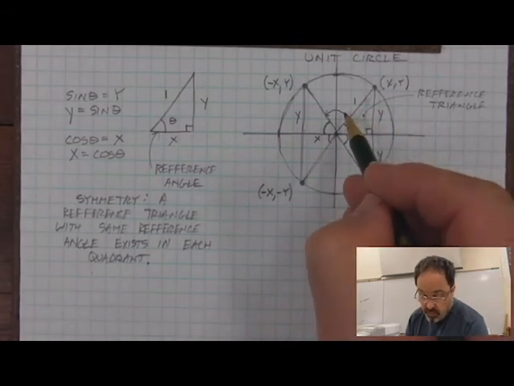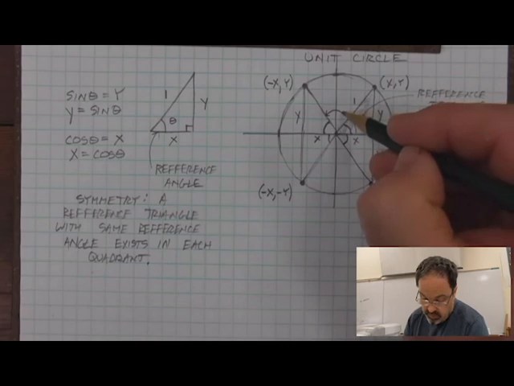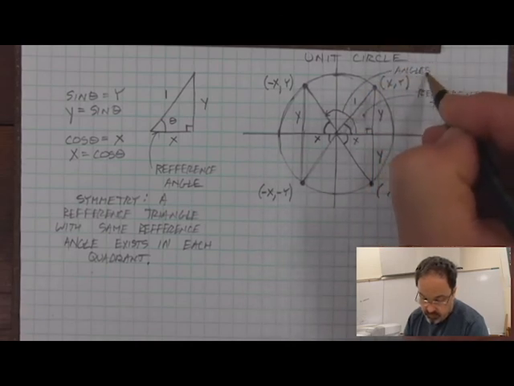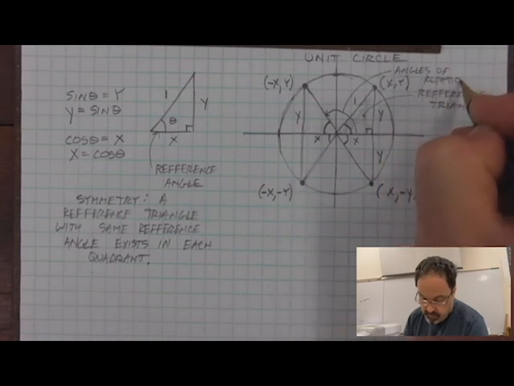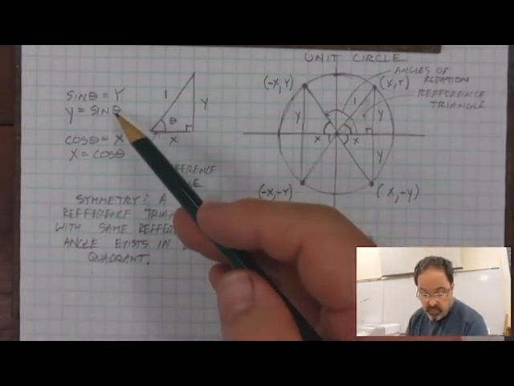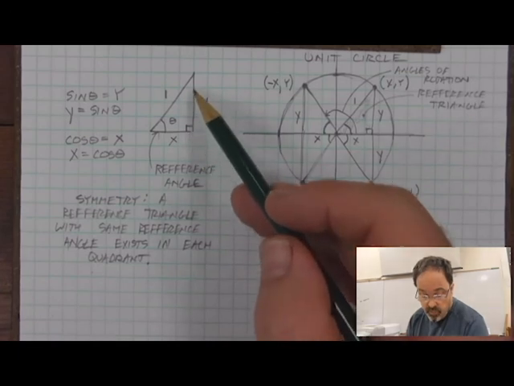We call those angles angles of rotation. It's the angle of rotation that you put into the sine and cosine function to find the height or the y value.